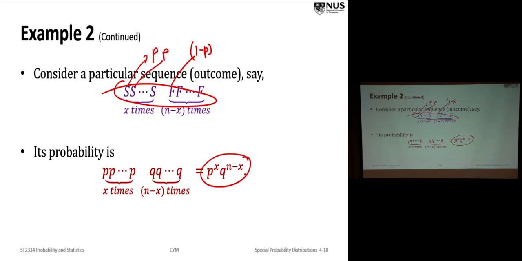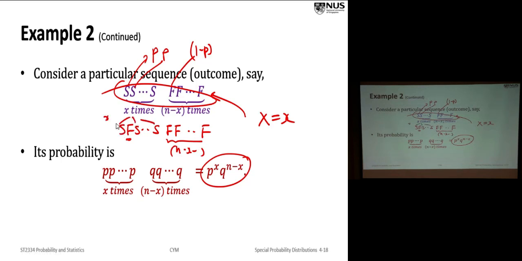Alright? So this is the probability, and this gives me X equal to x for this particular sequence. But how about if I got this sequence? There is one F here, and then here is n minus x minus 1 of them, and altogether there are x successes.